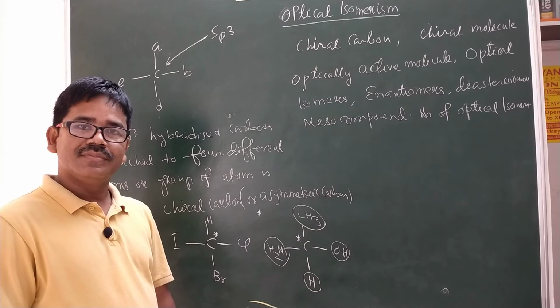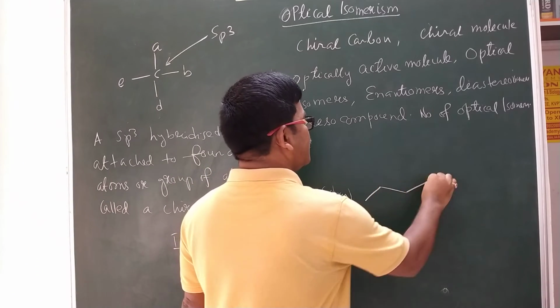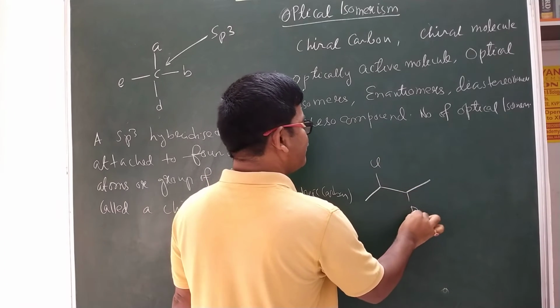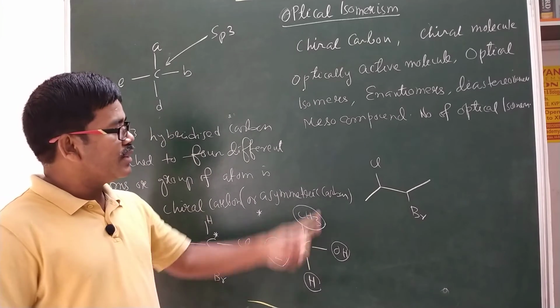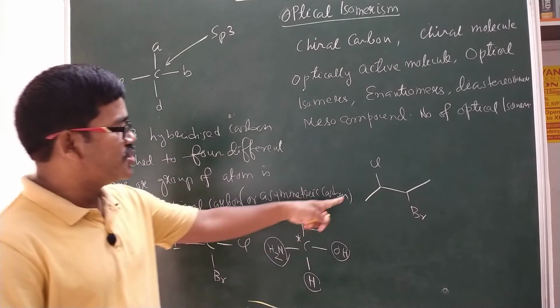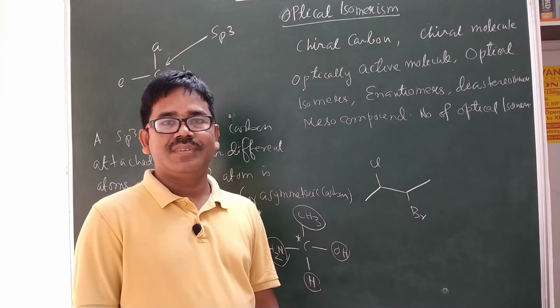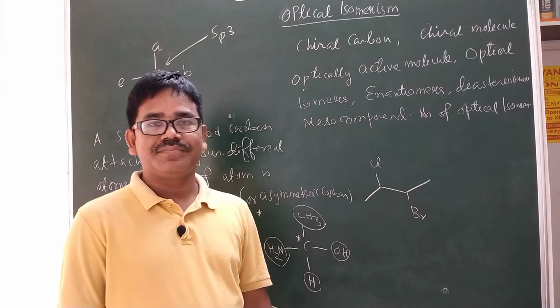Clear? Yes. One more example. If a structure is given like that and a question is asked how many chiral carbons exist. This structure is called what? Bond line representation, where carbon and hydrogen are not mentioned.